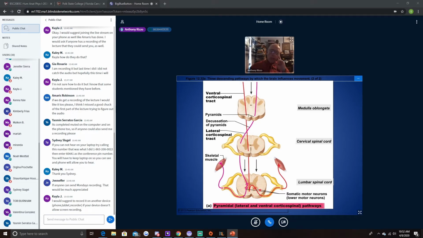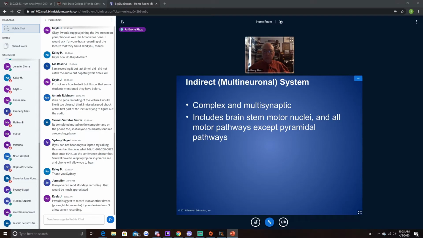There are two synapses for sensation. That means sensation is a little slower to get to your brain than the motor commands are to leave the brain, because everywhere there's a synapse, there's a slowdown. There's a little synaptic delay. There's only one synapse for motor and two synapses for sensory.